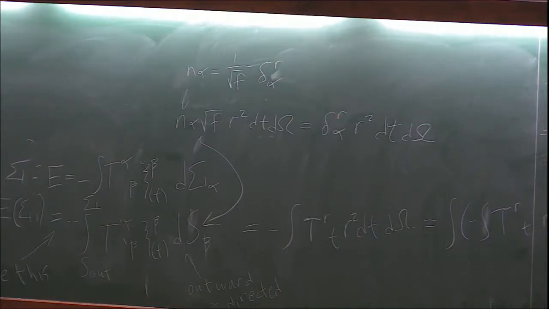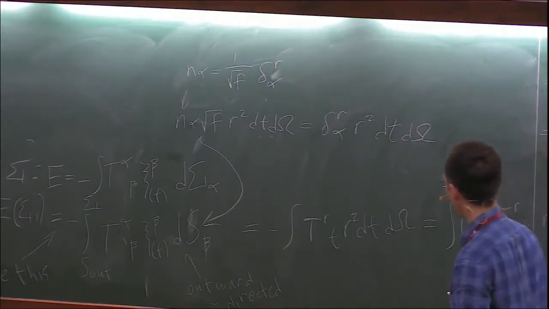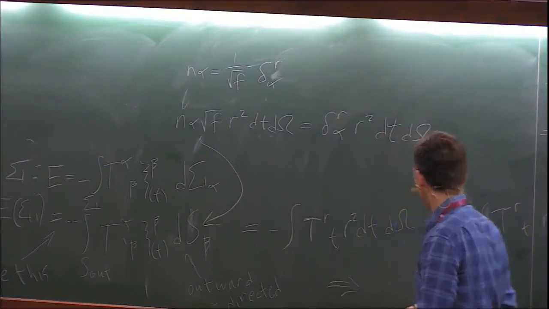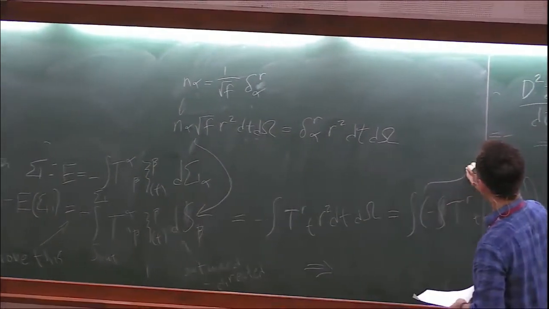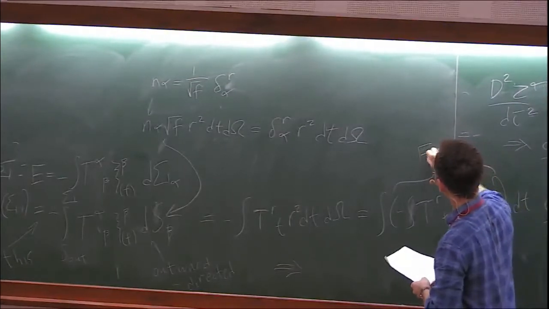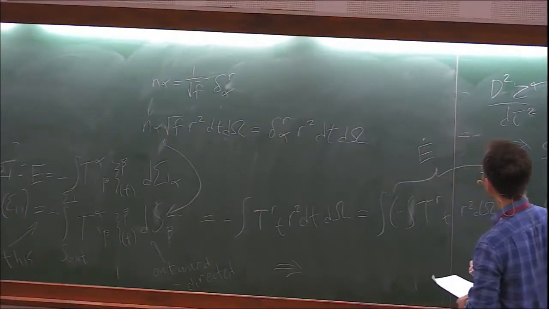So then what does that imply about the instantaneous change of energy? Well, it's got to be just this thing in parentheses, because when you integrate that up in time, you get the change over a finite time. So this bit here has to be E dot.